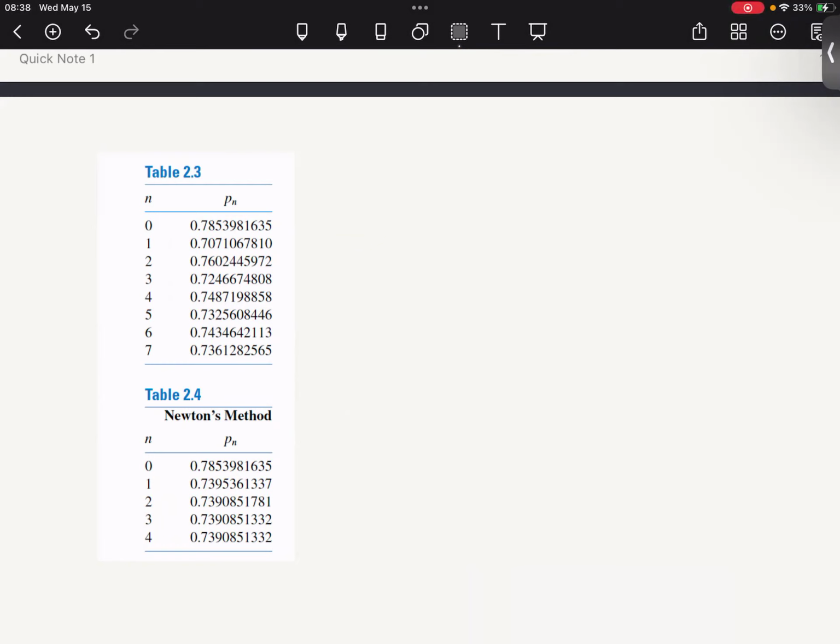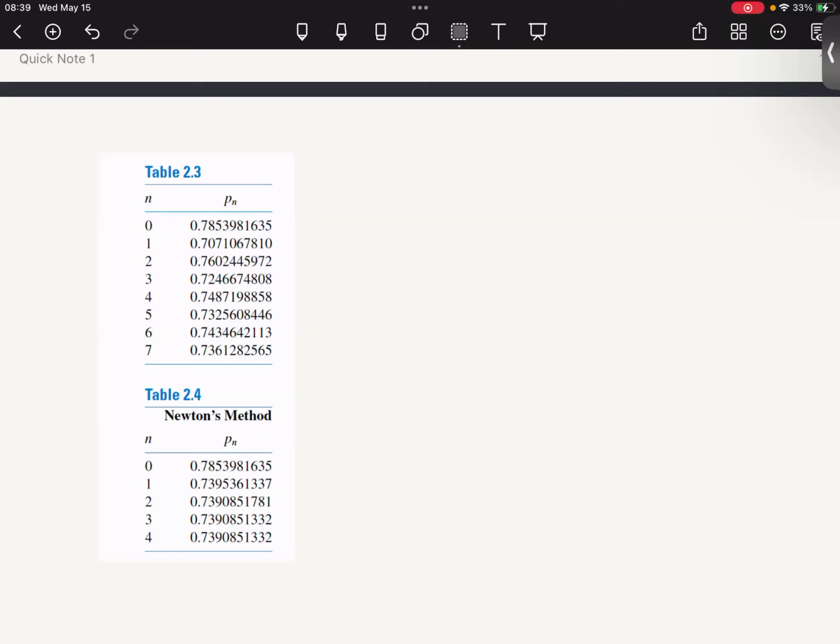And then we stop here, and we view this one as the approximation of the true solution. But if you take a look at the fixed point method, you will see the difference between two iterations is very big, around 0.007 here. And then we accept that, and we stop here.